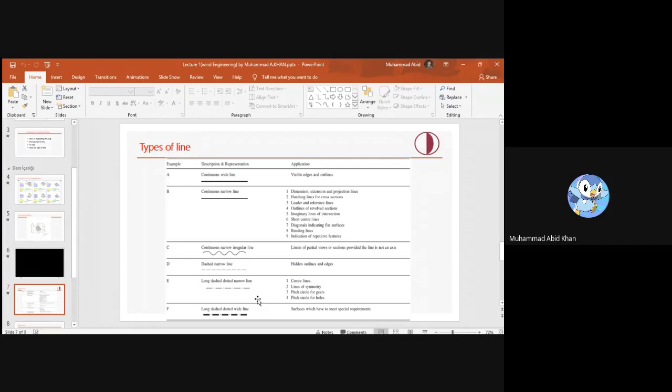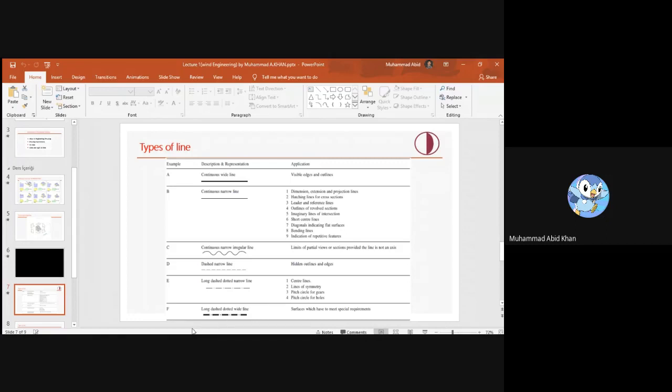Application 3, pitch circle for the gear, and application 4 you can see in the given application. In example E, pitch circle for the hole. Okay, let's move on to example F.